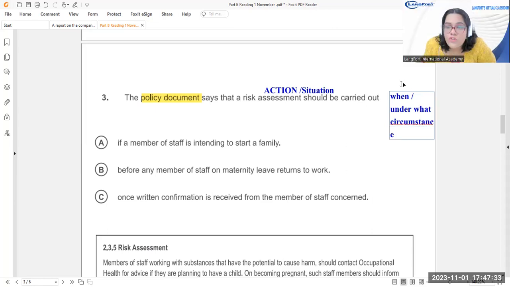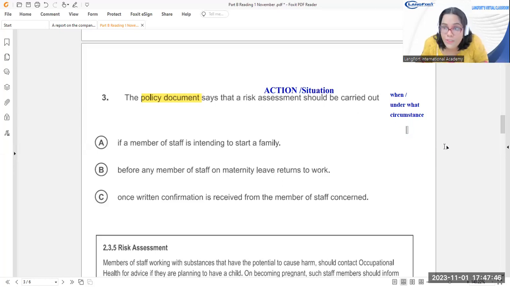When they use should be carried out, if, when, unless, all those things, if they've given a situation, that's where your incomplete question ends. That means we are looking for the complementary situation, the matching situation. So we're looking at when a risk assessment should be carried out.